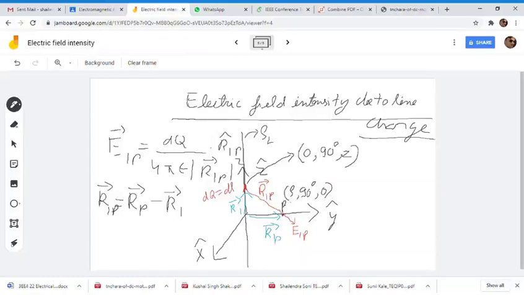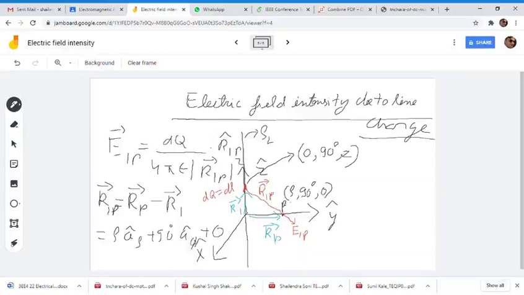So you can easily write rp. So what will be rp? rp will be rho a rho plus 90 degree a phi plus 0.